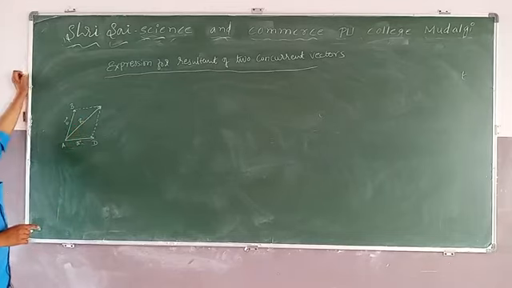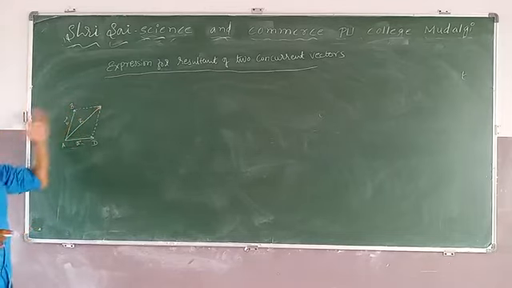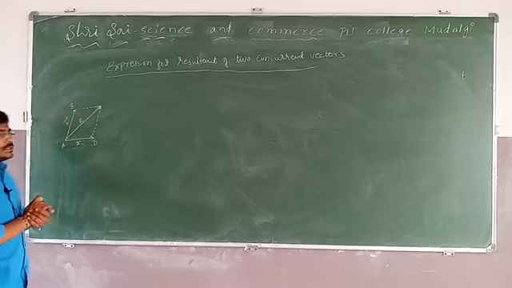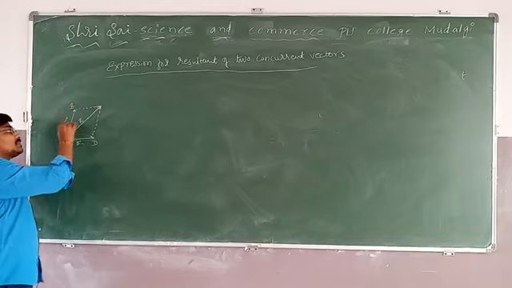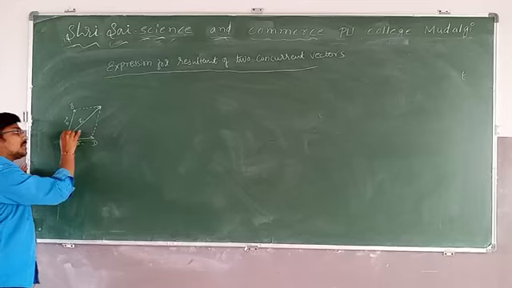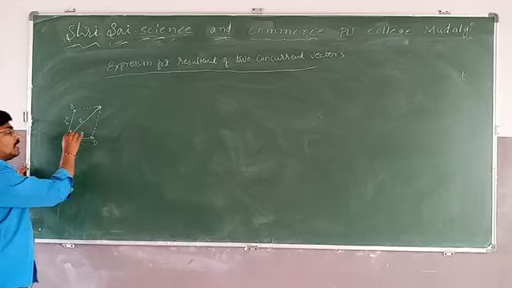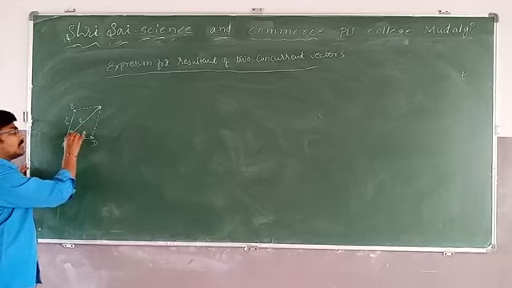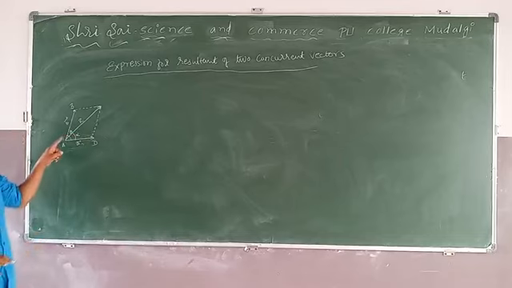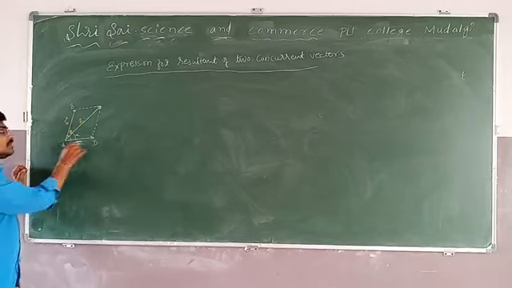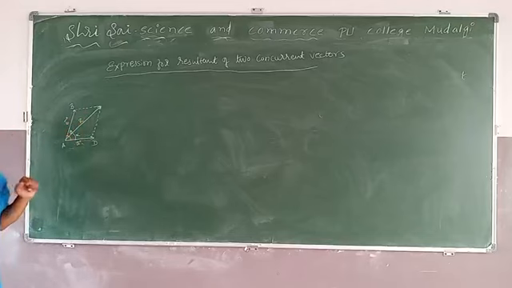According to our definition, the resultant passes through the diagonal. The angle between these two vectors is given by theta and this one is alpha. Remember, the angle between two vectors is theta, the angle between the a vector and resultant is alpha.